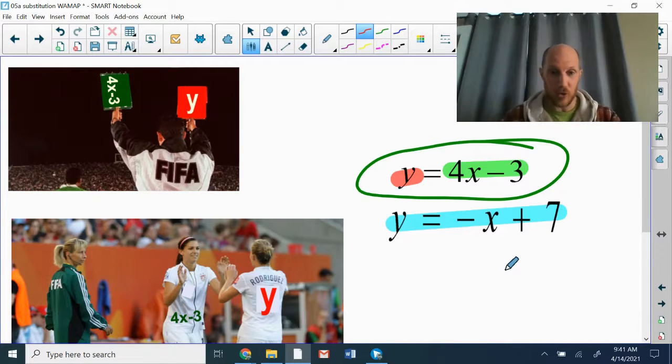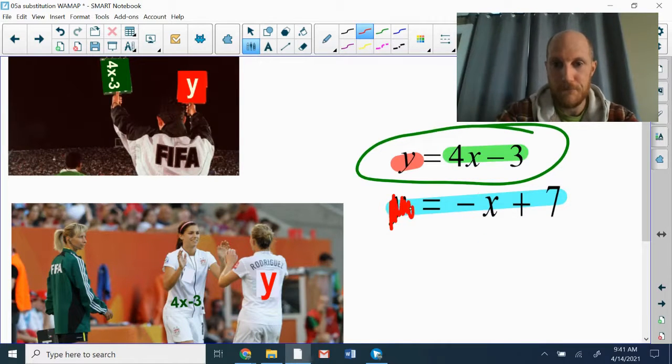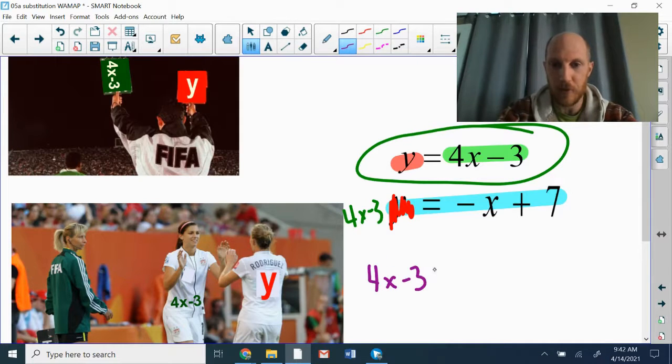And so we're going to make this substitution. That means I'm going to take y out of that blue equation, and in her place, I'm going to put the 4x minus 3. So y is not on the pitch anymore. 4x minus 3 goes into her place. Just going to rewrite that so we don't have scribbles. So 4x minus 3 is negative x plus 7.